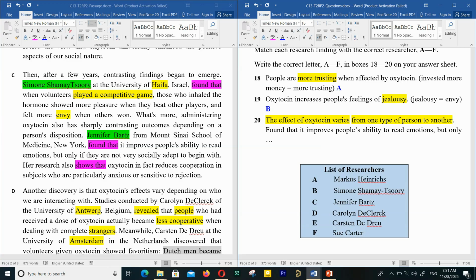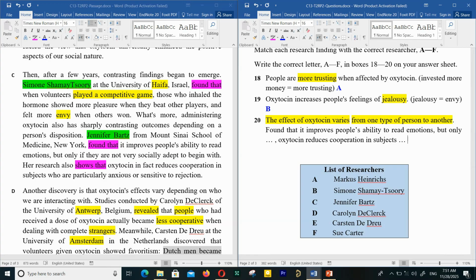And then also shows that oxytocin in fact reduces cooperation, I'm writing in summary, again in subjects who are particularly anxious or sensitive to rejection.